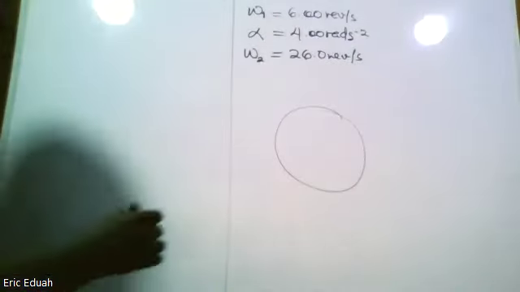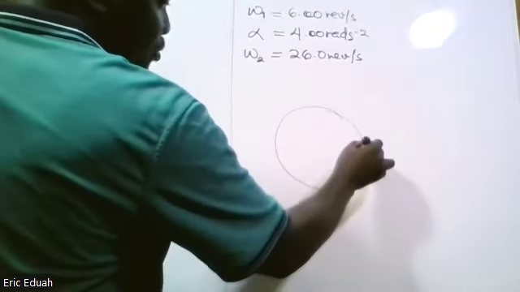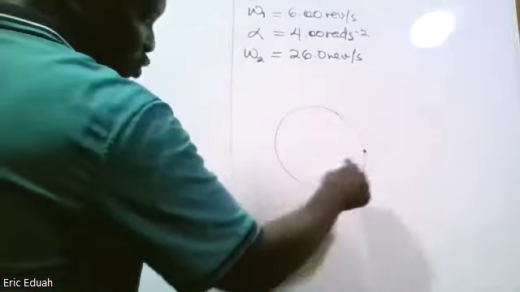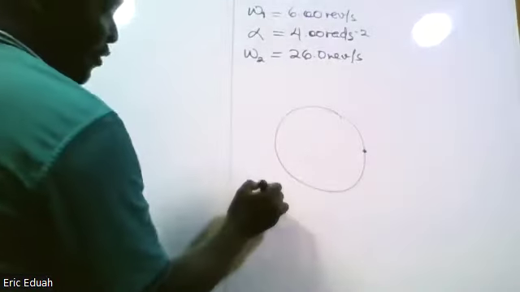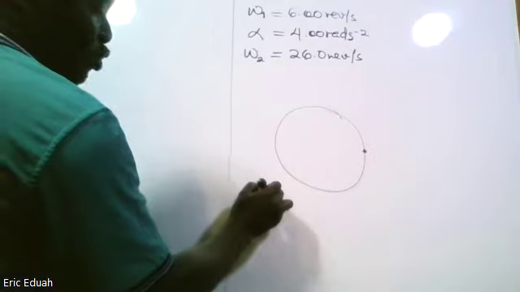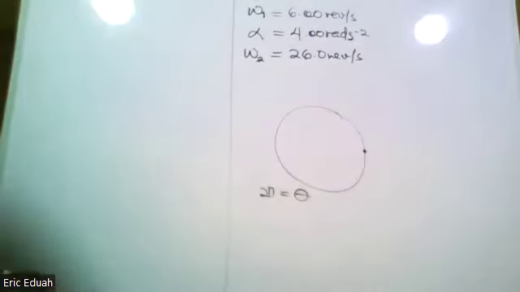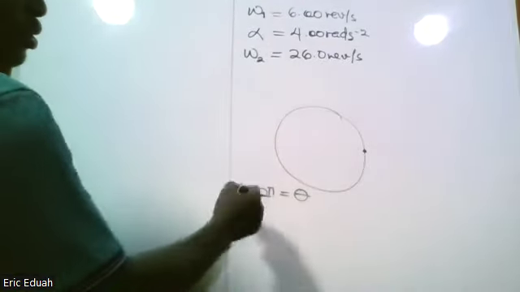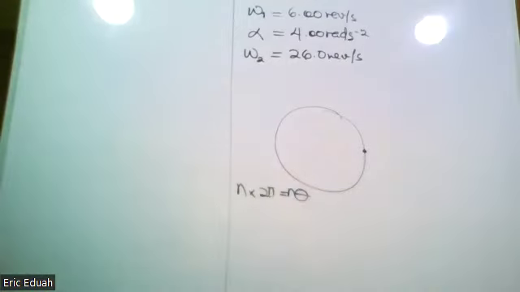This is the wheel. If it starts from here and it makes one complete revolution, 1 revolution, 2 revolution, 3, on and on. So each revolution is 2 pi, and this is equal to angular displacement. So if I could get n number of complete revolutions, it is equal to n times 2 pi angular displacement.